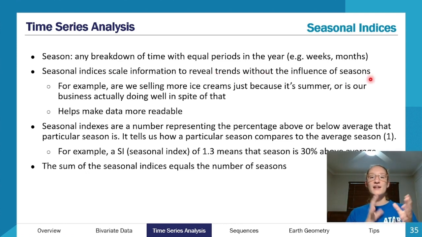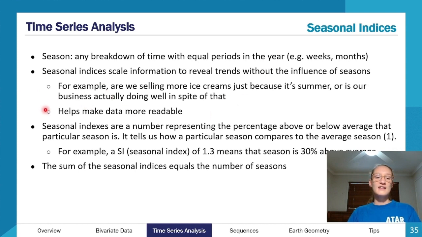So if, for example, I had a time series plot of ice cream sales throughout the year, you'd definitely expect a big spike in the summer months, and in the cooler months I probably wouldn't be selling so many ice creams. So if I wanted to know, is my business doing well because it's summer, or is my business doing well if we removed the impact of temperature from our data, that is where deseasonalizing would come in.